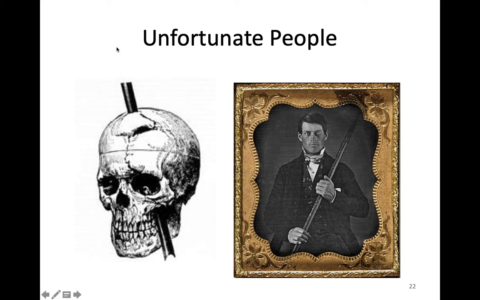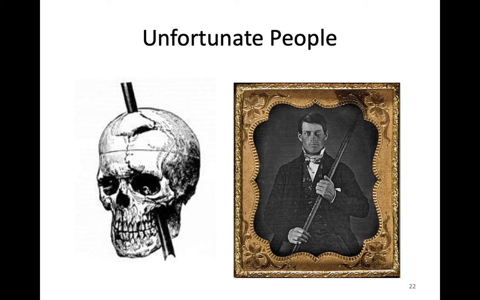So this rod got shot out. It goes through his head. He survived this miraculously, okay? And this was somewhere in the middle 1800s, like 1850s. I forget the exact time of the accident, but it was right around there. That he survived this accident in that day was just incredible.